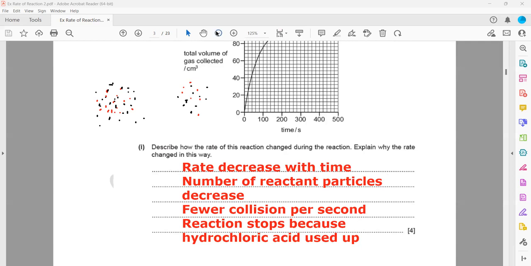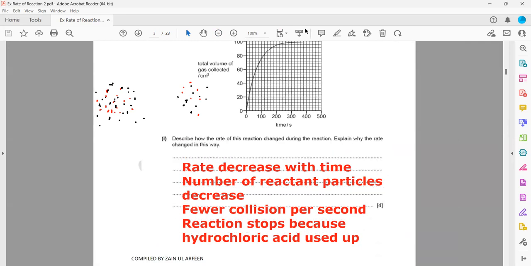So if I mark the points here to show the graphical representation, what happened actually? In the beginning, we have more particles of the reactant. Say the red spots represent hydrochloric acid and the black spots represent magnesium.